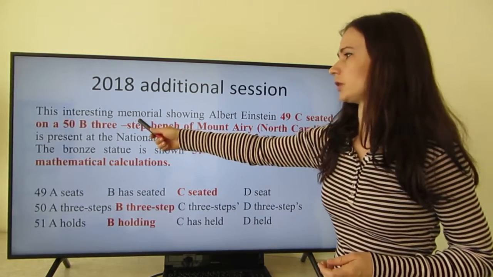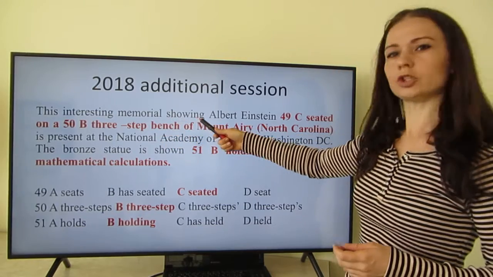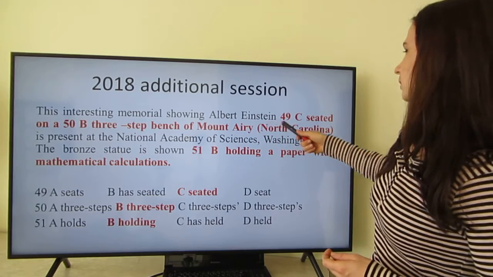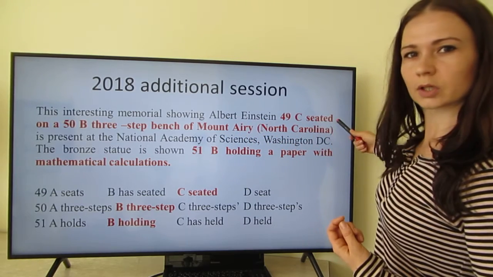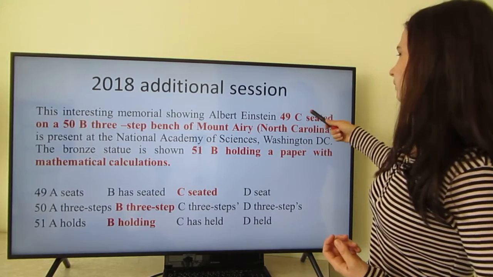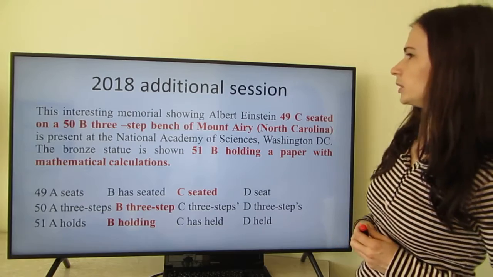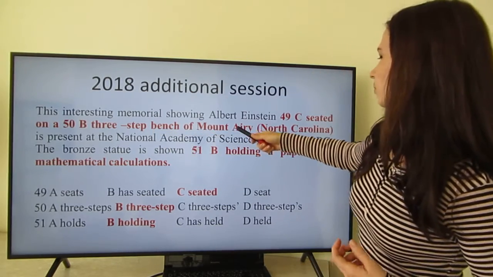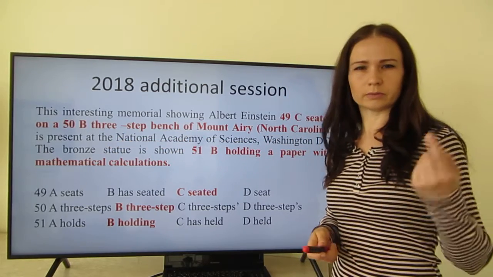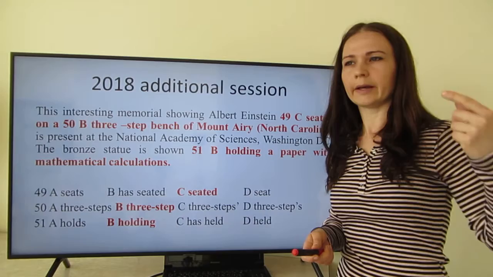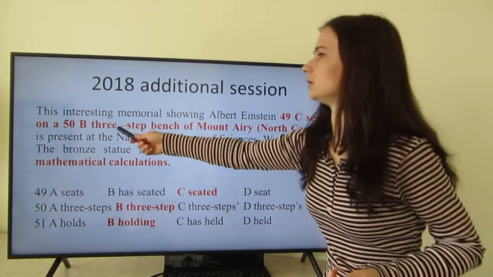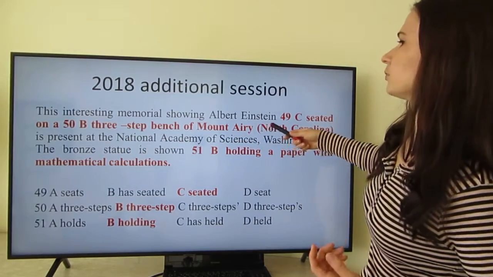Look, this interesting memorial which shows, the action is active, showing Albert Einstein, who is seated. Okay? So he is seated. The action is passive, that is why past participle here. On a 3-step bench of Mount Airy. Again, 3-step bench. Remember the previous gap we had 800-year tower, 5-star hotel, so no endings. 3-step bench of Mount Airy is present.